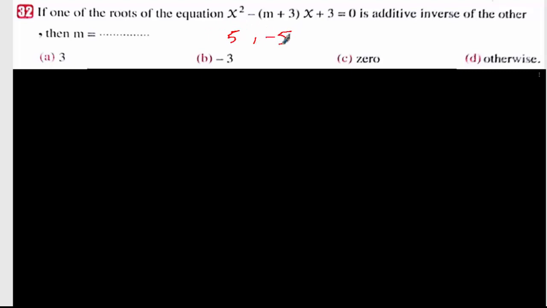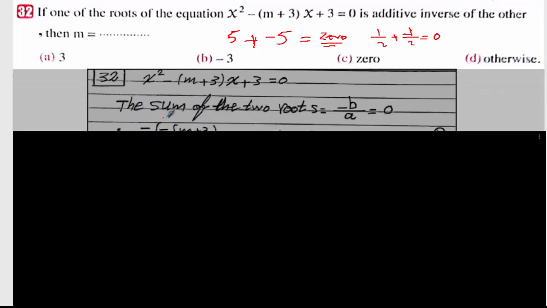It is the additive inverse. Their sum equals 0. Okay? If one of the two roots is half, the other will be the additive inverse, negative half. And their sum also equals 0.